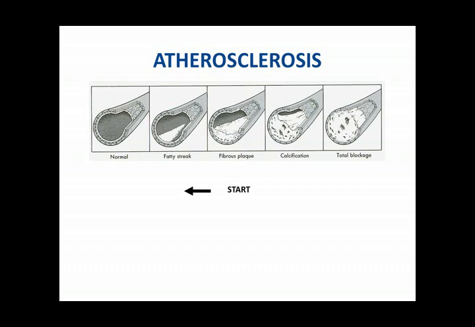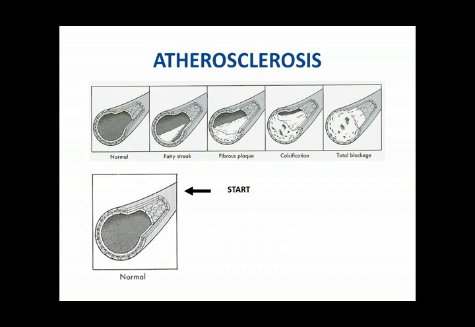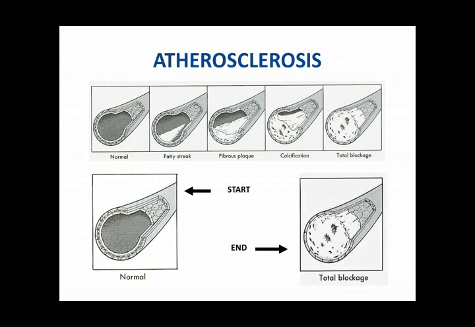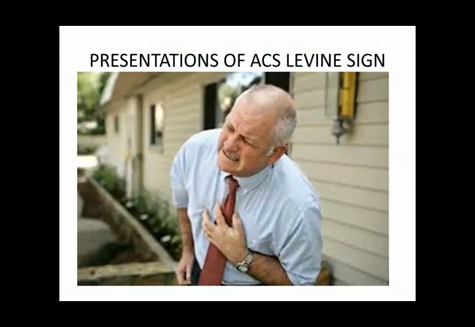As the age grows, the atherosclerosis worsens. And if other risk factors are there, very soon calcification and total blockage or rupture of the fibrous plaque can occur. So this is the start of the thing, and the end is a total blockage.